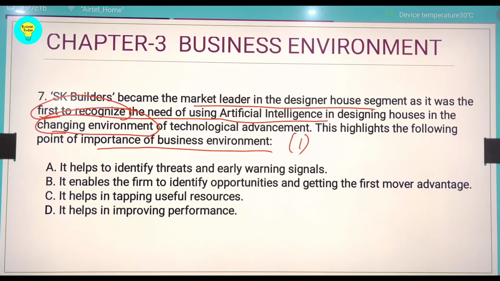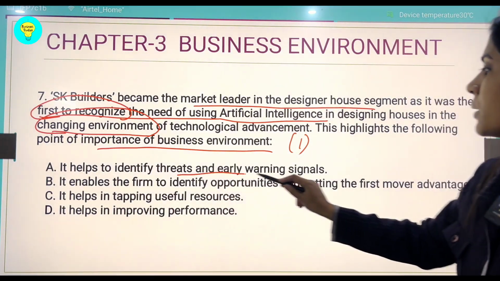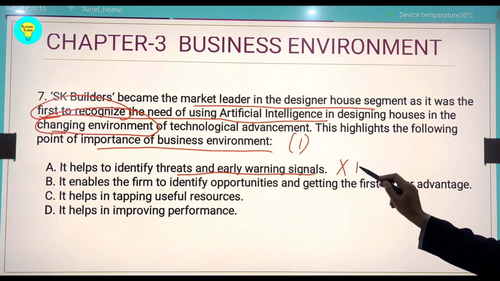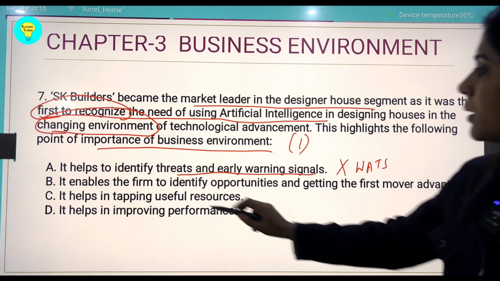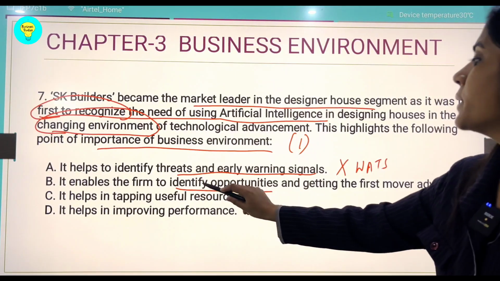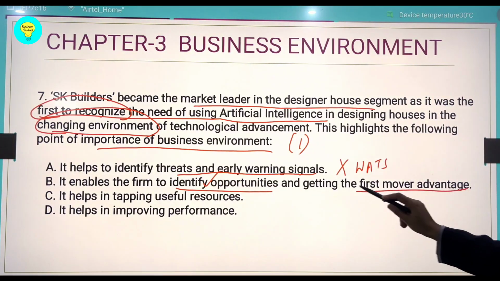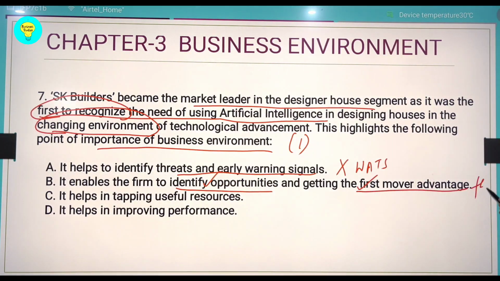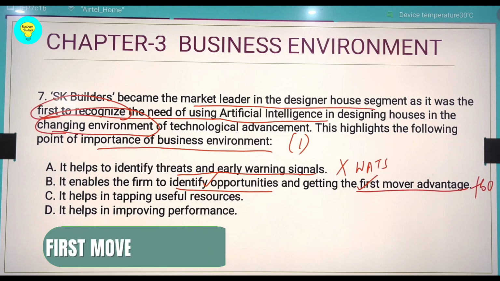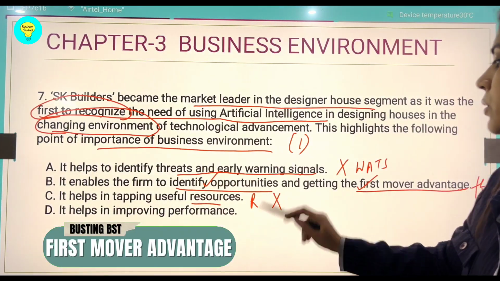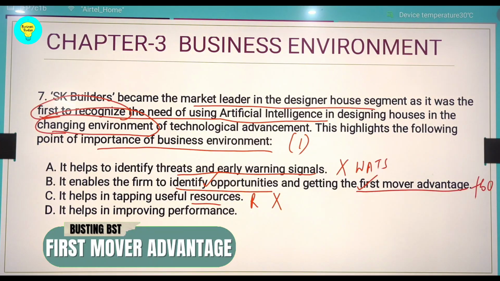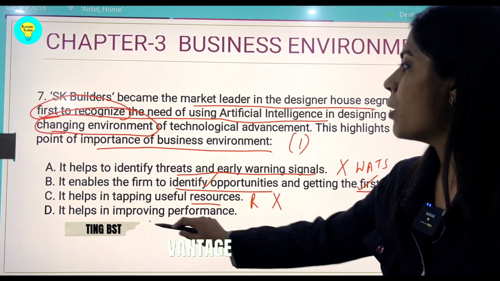So let's see which option fits the best. The question is not talking about early warning and threat signals. It's about identifying the opportunities and getting the first mover advantage. Yes, that's correct. FMB has been talked about. Utilizing the resources, R, point number R is not in these lines, and improving the performance.